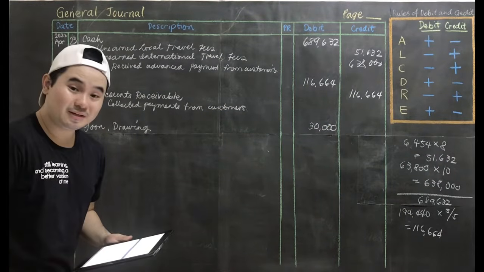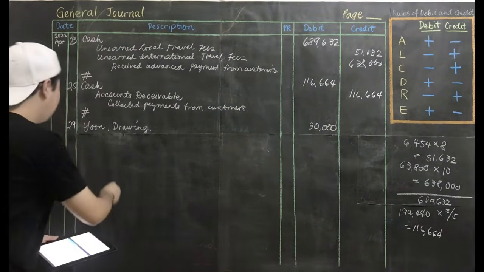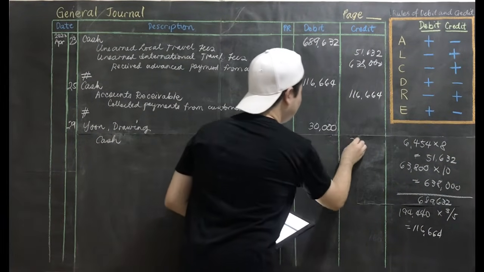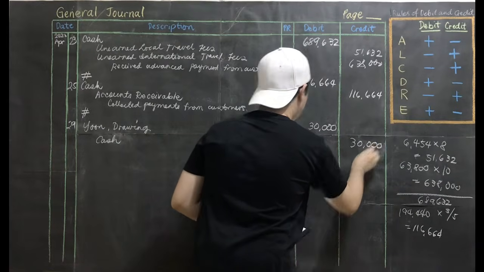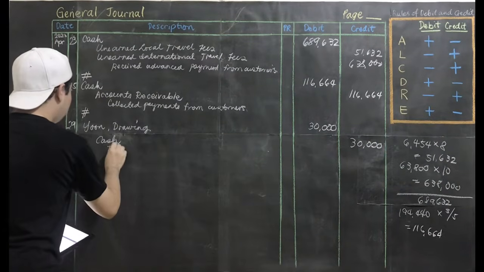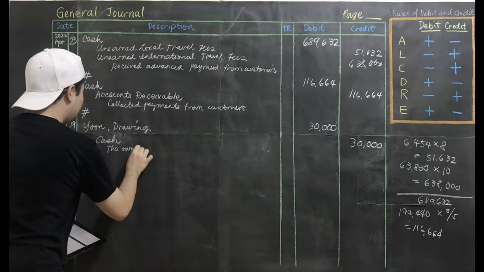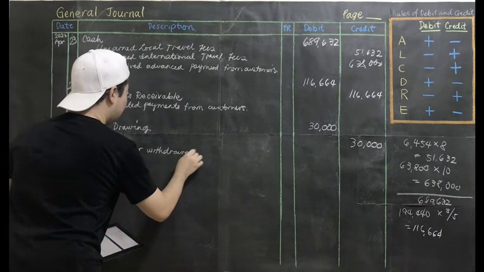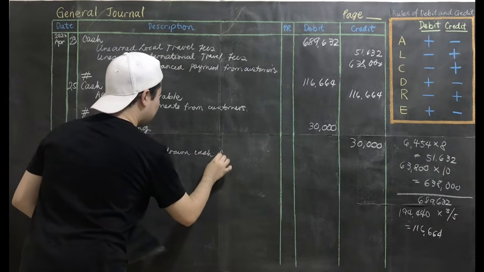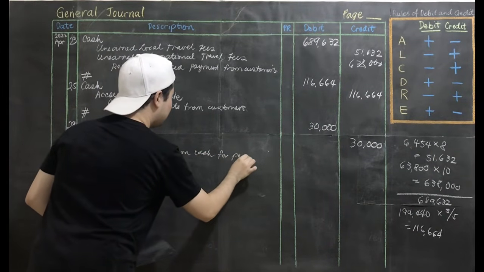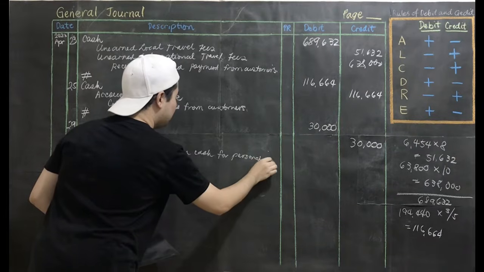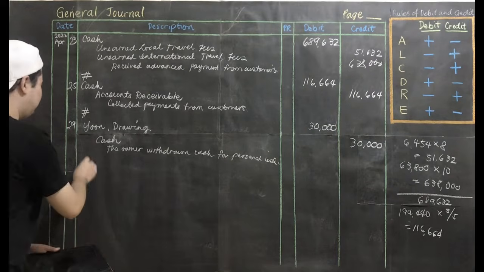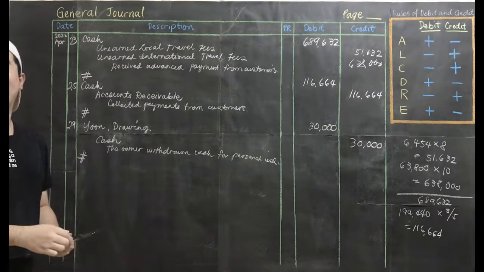Ano ba kinuha niya sa company? Cash. Eh, di credit, cash. The owner withdrawn cash for personal use. Sana lang.